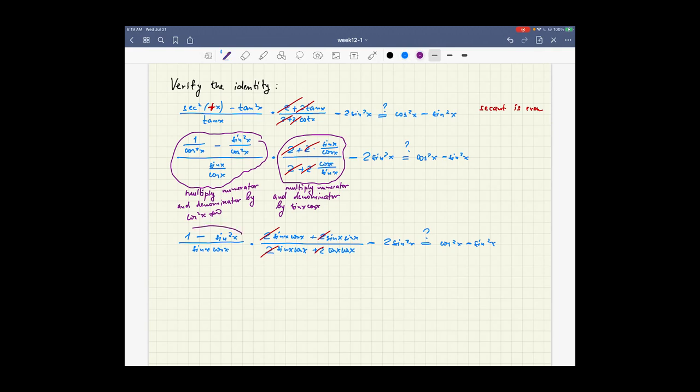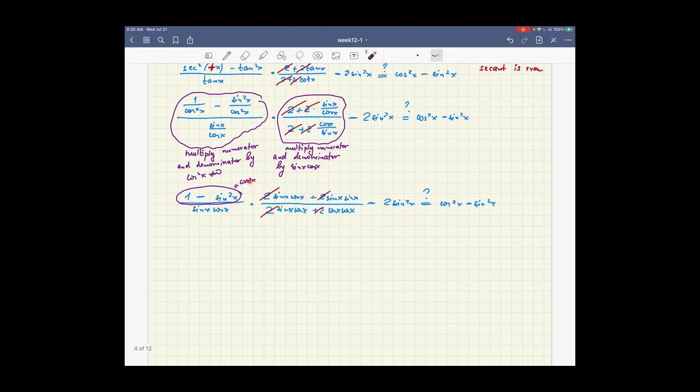So here, of course, I'd like to replace 1 minus sine squared by cosine squared. And now when I divide cosine squared by cosine x, I will get cosine over sine. And here, I very much want to factor out sine x in the top and cosine x in the bottom.